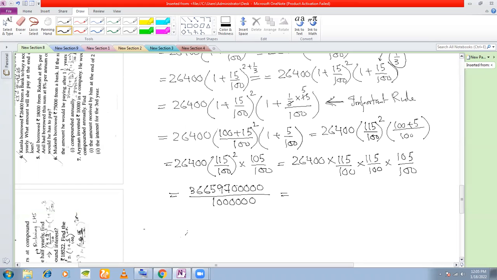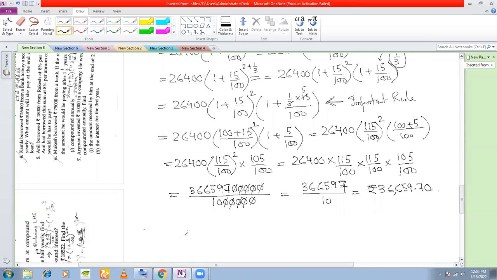Now 5 zeros will cancel, so you simply get 366,597 divided by 10. Now shift one decimal to the left, and you get rupees 36,659 and 70 paise. Are we clear?